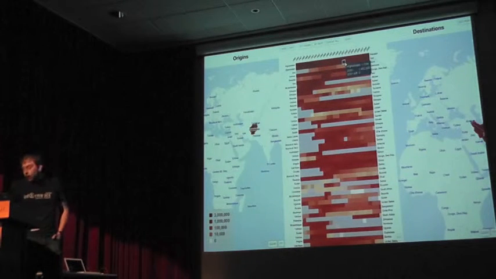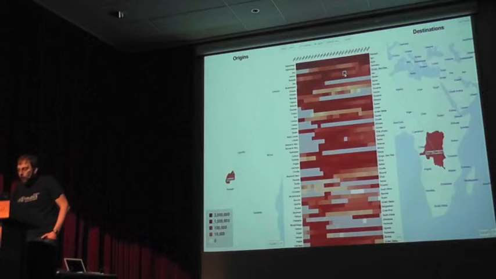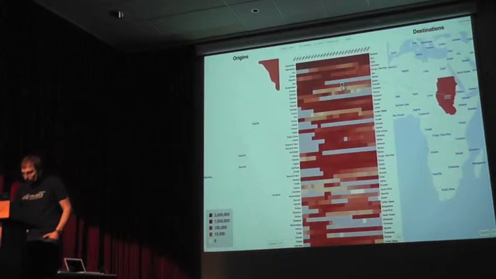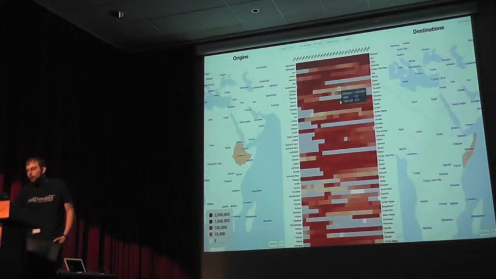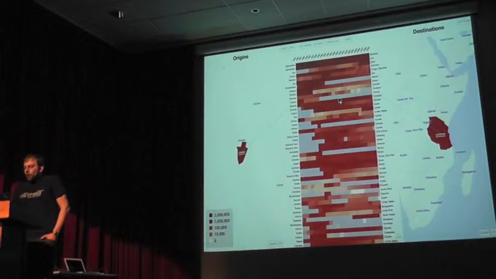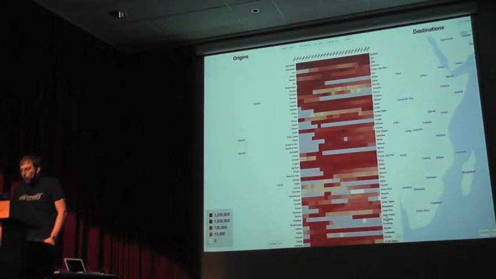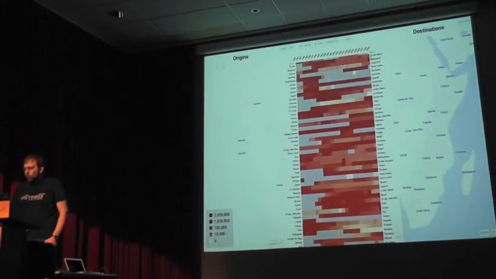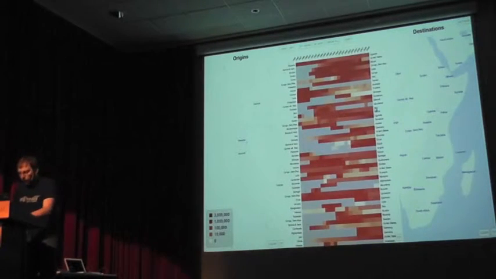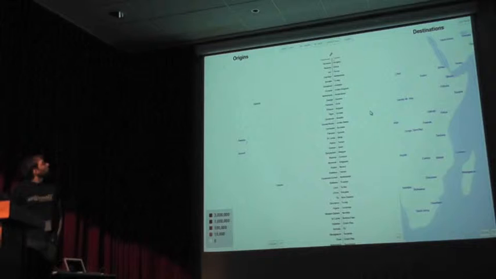We can click on a cell, and then we are moving to the countries corresponding origins and destinations, and we can scroll. This heat map is actually pretty long. We can scroll it, or we can look at the whole.